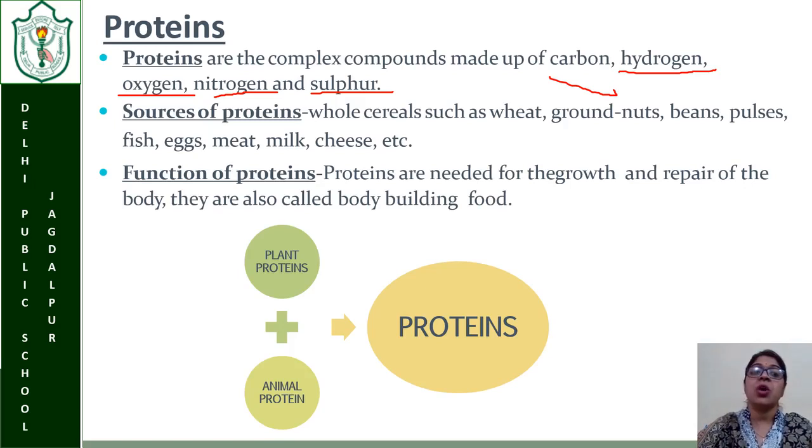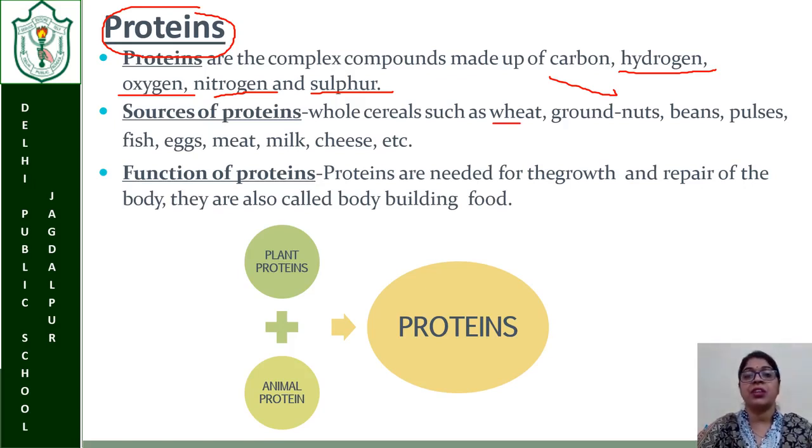So these components join together and form amino acids. When many amino acids join together, they form protein. Like carbohydrates, sugar joins together to form starch; similarly, amino acids join together to form protein. What are the sources of protein?